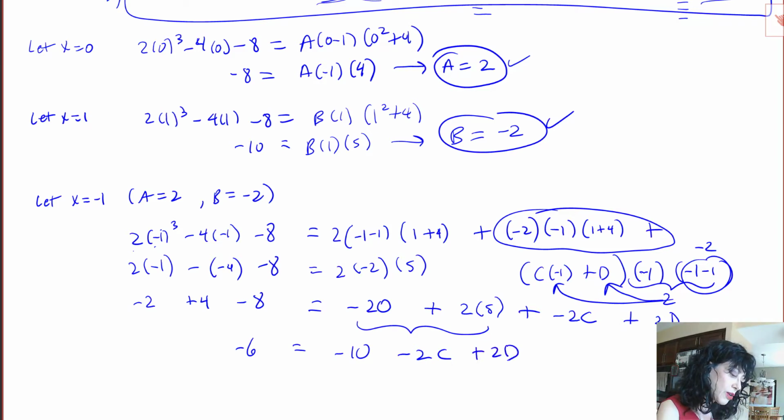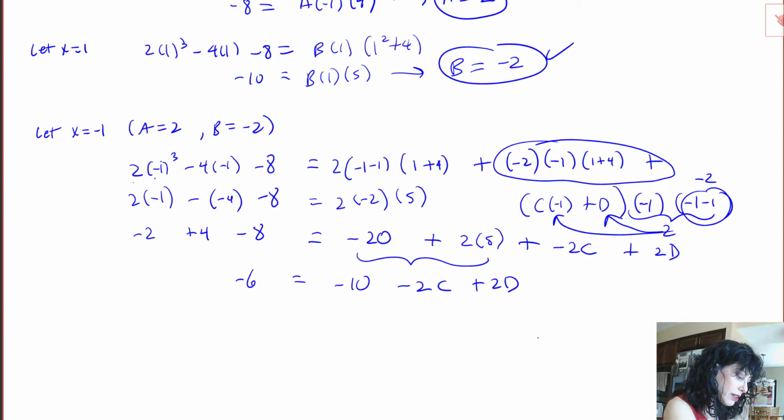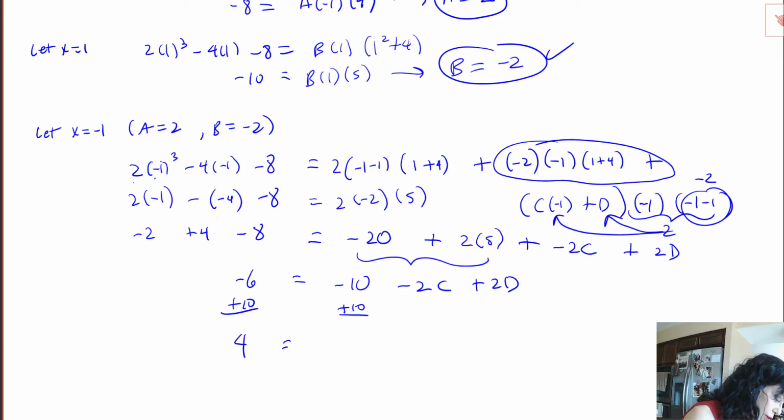So this is the equation I have so far. If we clean it up just a little bit by adding 10 to both sides of the equation, like so, I'll have -6 plus 10 on the left, that's 4, is equal to -2c plus 2d. And we could leave it like that, or we could clean it up by reducing it just a little bit.